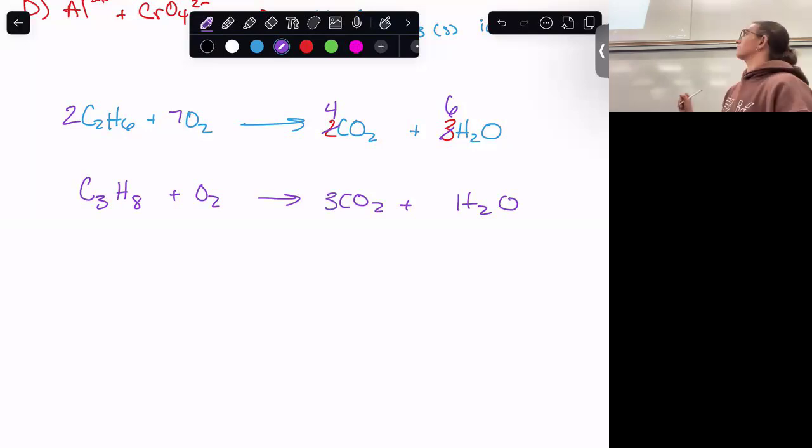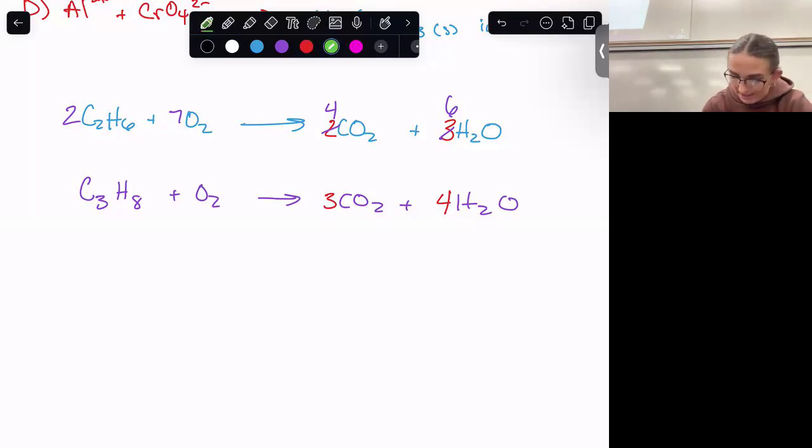It doesn't matter what is in front of your carbons. Your even number in front of your water molecules will always make those oxygens even. So you don't need to worry about it. You're not going to change the coefficient in front of your hydrocarbon.